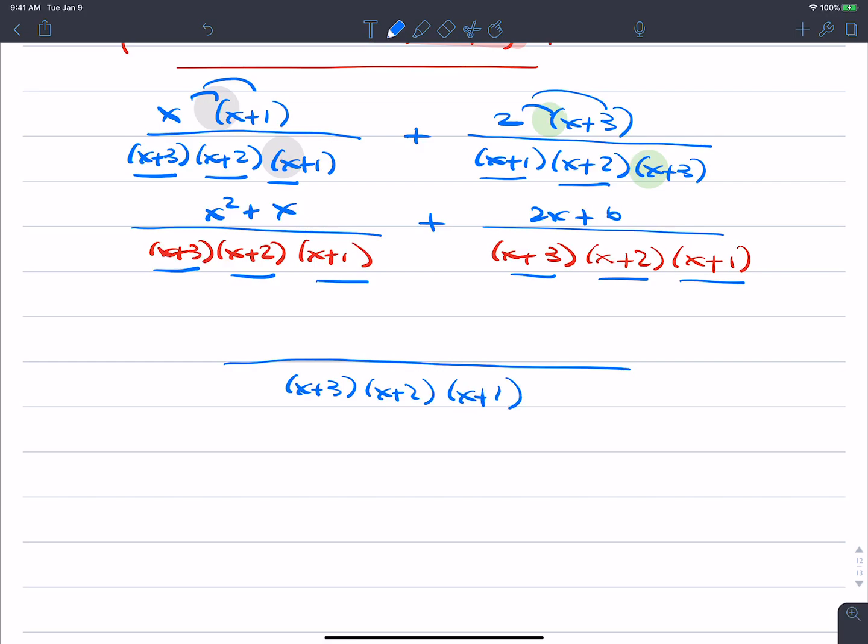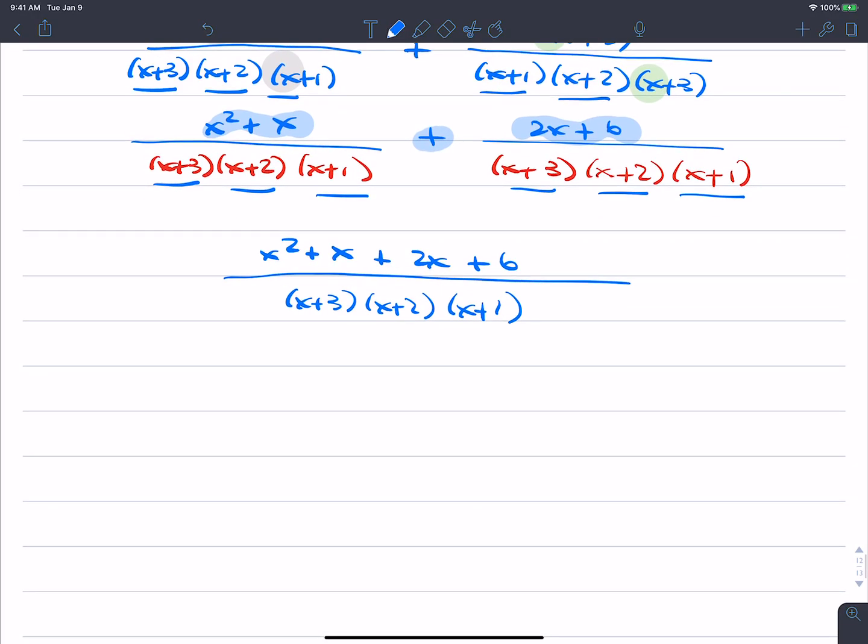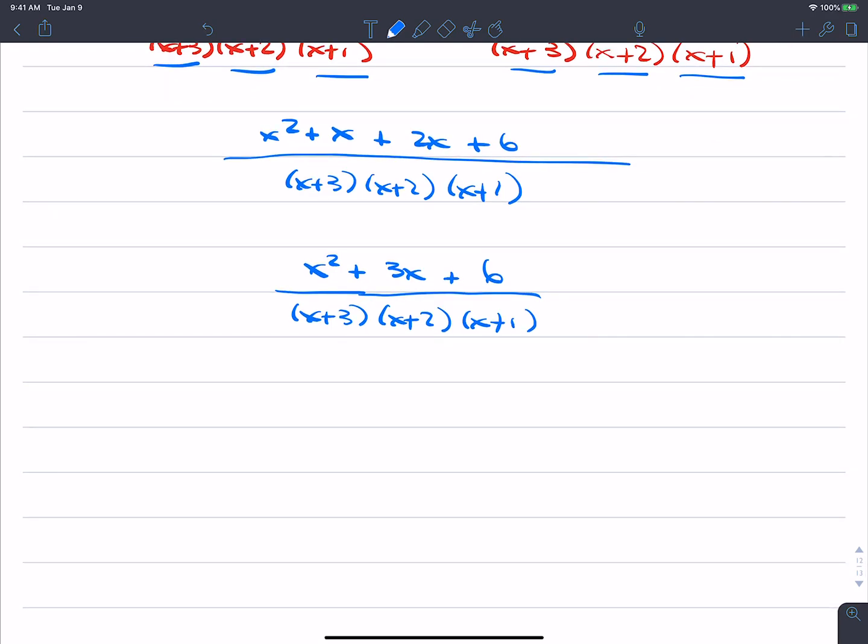We just now have to add our numerators of x squared plus x plus 2x plus 6. So we're going to add these terms here. Your final answer is going to be x squared plus 3x plus 6 over x plus 3, x plus 2 times x plus 1. We notice our numerator is not factorable, so we are done.